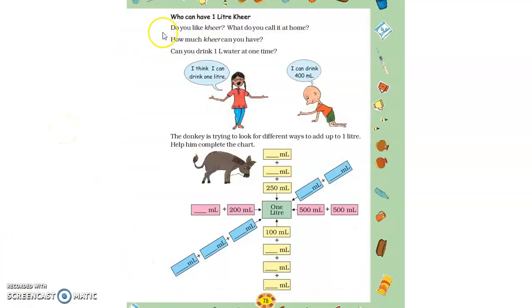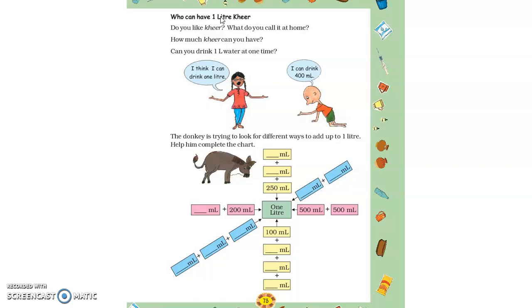Page 73. Who can have 1 liter of kheer? Do you like kheer? Yes. What do you call it at home? How much kheer can you have?